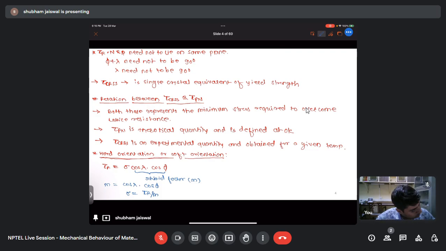So for maximizing the factor, the angles phi and lambda must be minimum.